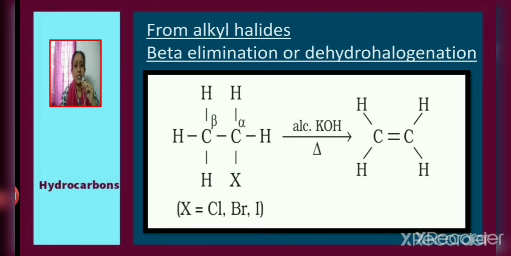Here in this example, haloethane, when treated with alcoholic potassium hydroxide, undergoes beta elimination and the product obtained is ethene, CH2=CH2. Between the alpha and the beta carbon atom, a double bond will be formed. So that is how we get the corresponding alkene.